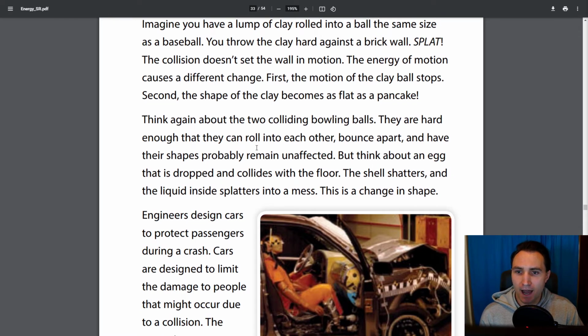All right, now think about the two colliding bowling balls. They are hard enough that they can roll into each other, bounce apart, and have their shapes probably remain unaffected. But think about an egg that is dropped and collides with the floor. The shell shatters and the liquid inside splatters into a mess. This is a change in shape.